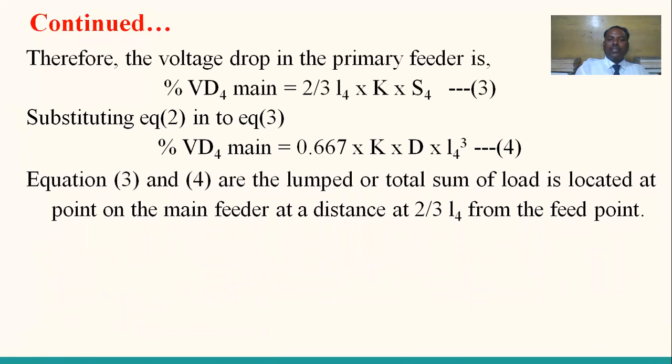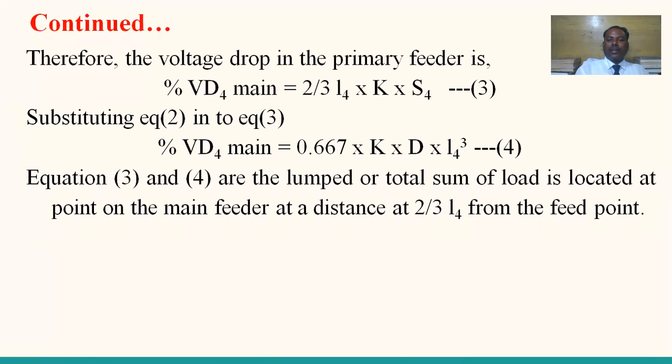So from equations 3 and 4, the lumped or total sum of load is located at a point on the main feeder at a distance of 2/3 of L4 from the feed point. So this is about the square-shaped substation area rating.